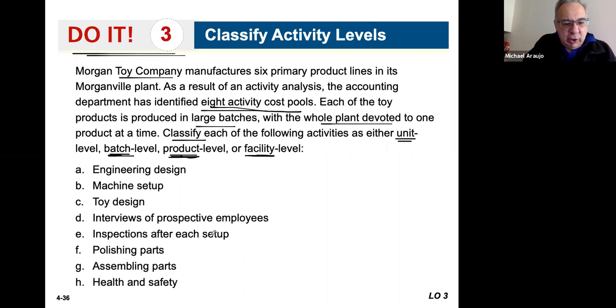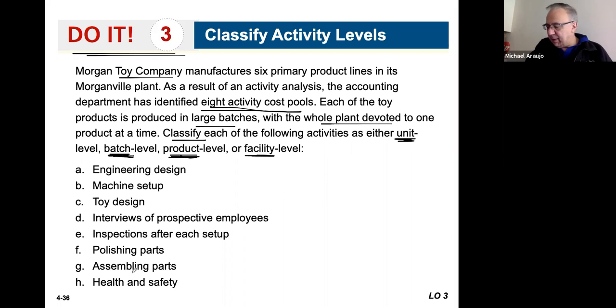Again, you're only doing setups for every batch that you do, so this is also batch level. When you are polishing the parts, you're going to be polishing every single unit, right? You're not going to polish some and not others. You're going to do the whole thing for every single unit. So that is a unit level classification of activity.